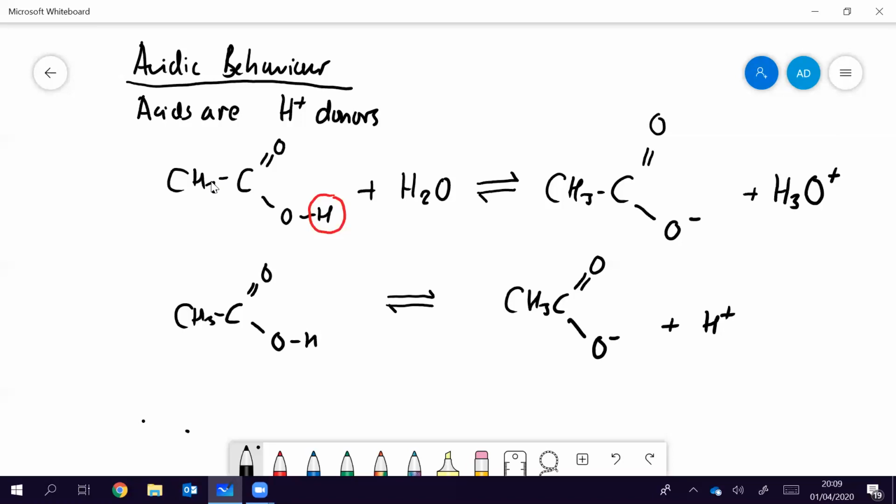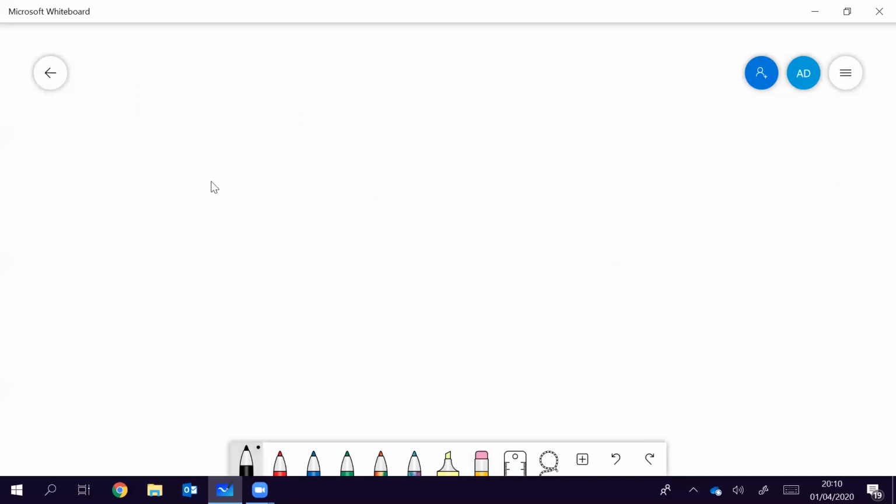Okay, so we'll have a little think, why are carboxylic acids acidic? And we'll just compare that to the case with alcohols. So if I've got ethanoic acid, that does lose a proton.